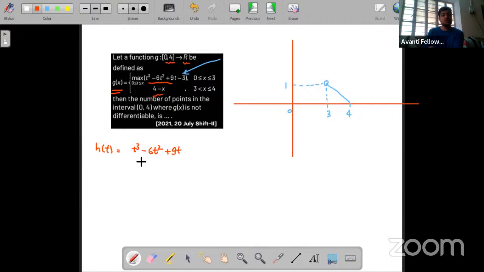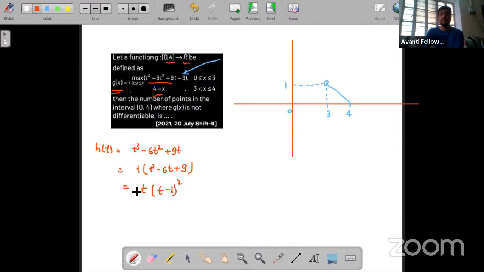So I'm only taking this value, then I'll put minus 3. Means I'll shift the whole graph by 3 units vertically downward. Clear? Why am I taking this? Because this is a very easy graph. Why? I can take t common. So t square minus 6t plus 9, which is clearly a perfect square. So you can write t minus 3 whole square.